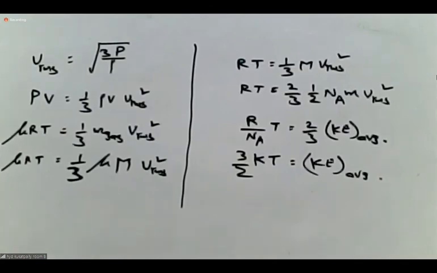You apply 3p by rho. RMS is equal to the square root of 3p by rho. Just substitute and you will get the answer. Atmospheric pressure only you have to substitute.